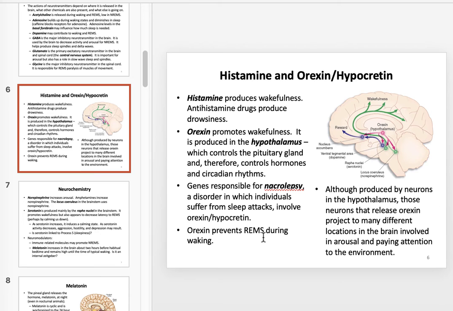But here's the trick. Orexin seems to be really specific for preventing REM sleep during waking. And so what actually happens during a sleep attack during narcolepsy is someone with narcolepsy falls into a REM state in their sleep very rapidly.